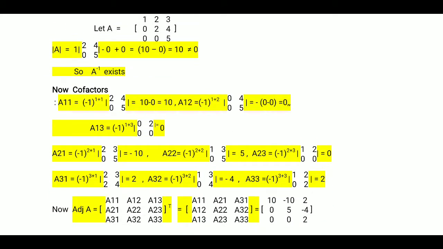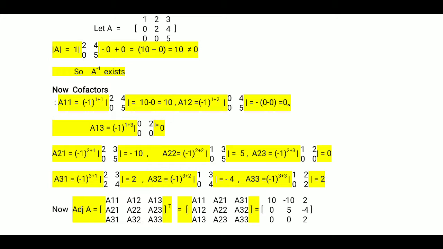It means minus 1 power 1 plus 1 and the determinant obtained leaving this row and this column. This is the minor of A11. So we write here like this, minus 1 power 1 plus 1 and 2405. That is minus 1 power 2, that is again 1. And the value is 10 minus 0, that is 10.